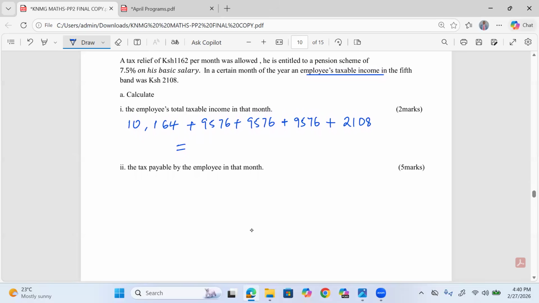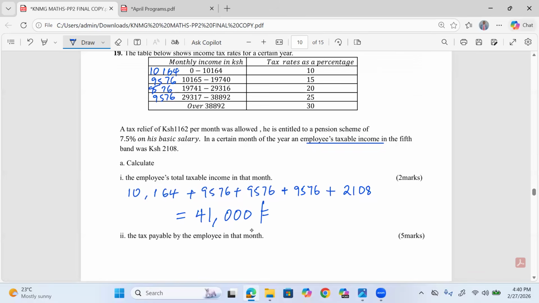I hope the addition is okay. When you are told that in the last band there is 2108, it means the amount that is beyond 38,892 is just 2108. So you add, 41,000. That is the answer in part 1.